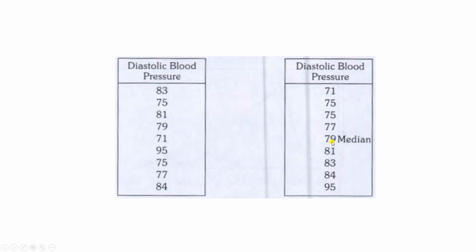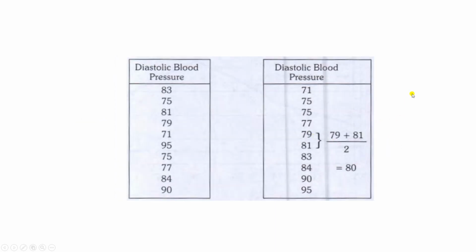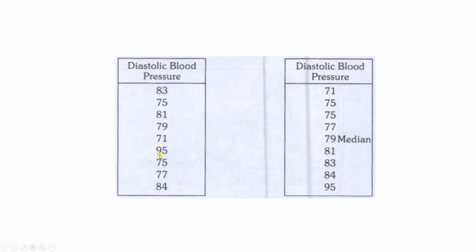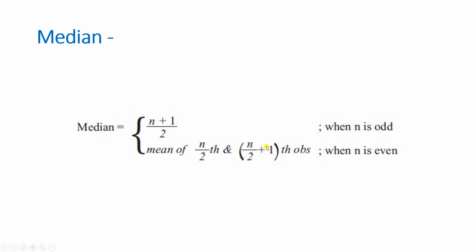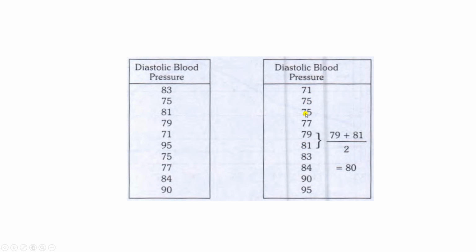So n by 2 is 10 by 2, that is 5. 1, 2, 3, 4, 5, the 5th value, as well as the n by 2 plus 1th value. So n by 2 is 5, plus 1 means the 6th value. So 1, 2, 3, 4, 5 and 6. So these are my middle two values, that is the 5th value as well as the 6th value. We have to average them, or take the mean of these two values, and that will be your median.